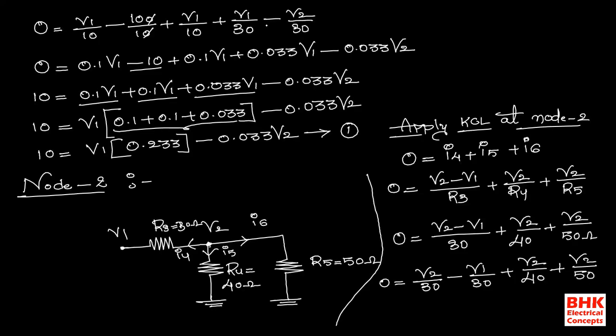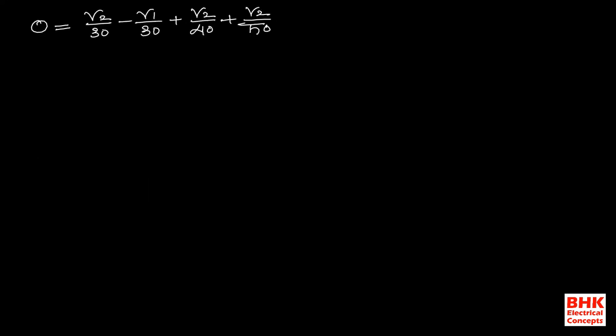Now see here, the final expression we got is 0 is equal to V2 divided by 30 minus V1 divided by 30 plus V2 divided by 40 plus V2 divided by 50. This is the expression we have taken in the last step of this page. Same thing I am writing here for calculation.